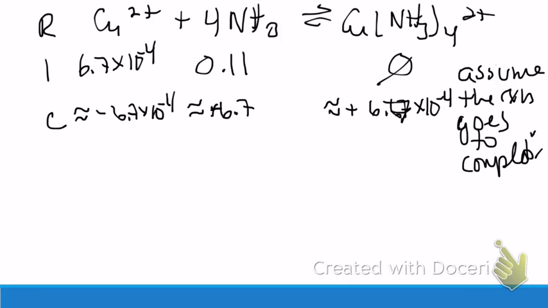So what does that leave in our equilibrium column then? It seems like we have it all figured out, but as I said previously, there is going to be a tiny bit of copper 2 plus left, and so that amount of copper 2 plus left is going to become X. Our equilibrium concentration of ammonia is going to be minus, don't forget your stoichiometry like I just did, 4 times 6.7 times 10 to the negative 4.